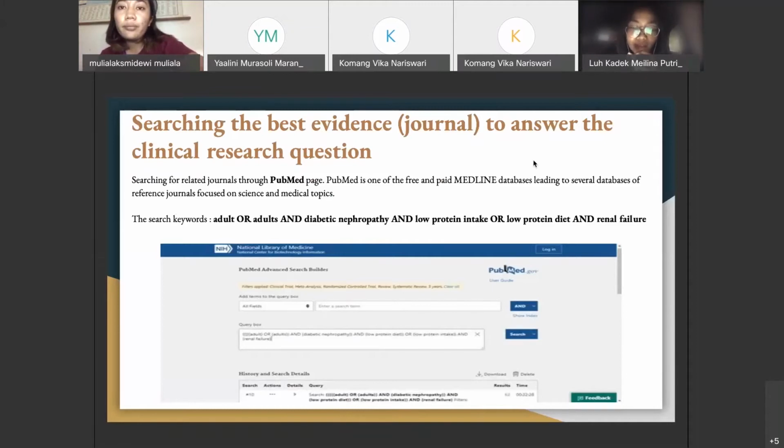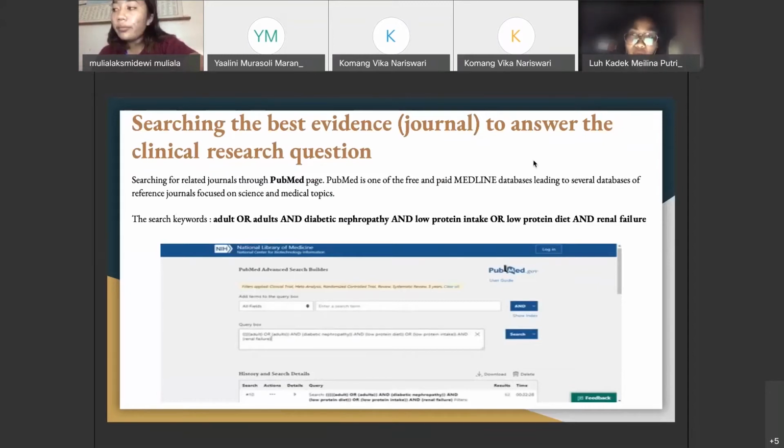Medline is a medical journal database that indexes most of the published medical and natural science topics. PubMed is available online, free of charge, and fairly user-friendly when it comes to searching medical journals.